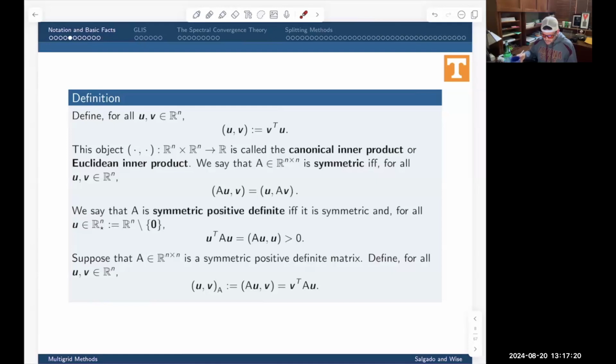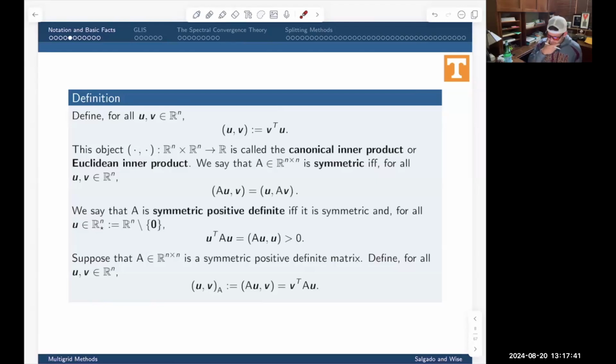I'm going to use the following notation for the canonical inner product. So if u and v are vectors from R^n, then this object is the dot product or the inner product. But you have to keep in mind how I use this.